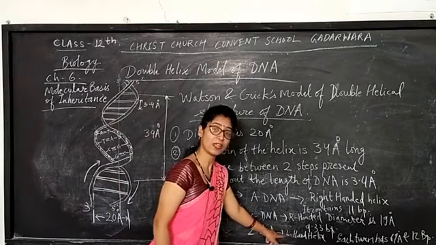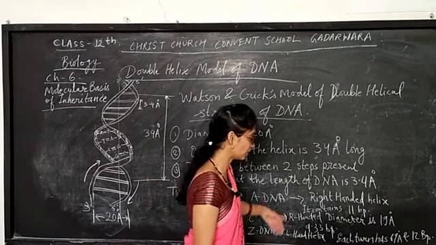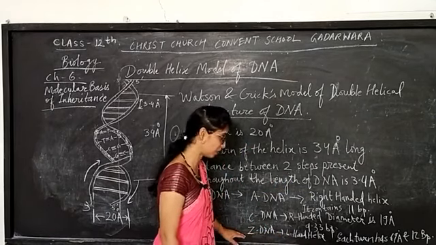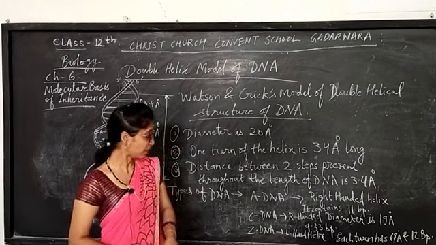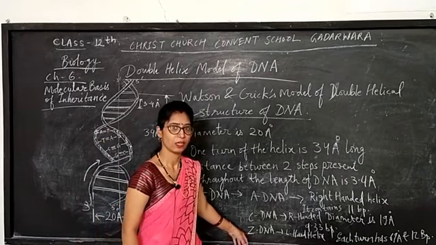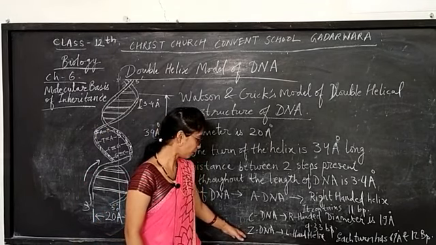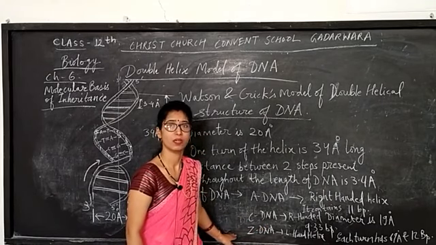Z-DNA is a left-handed helical structure, and it contains 12 base pairs, and its diameter is 18 angstrom. But it was not found naturally, it was found in a lab. We can prepare it in a lab. So these are the types of DNA.